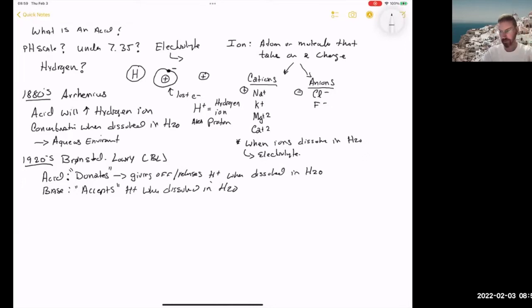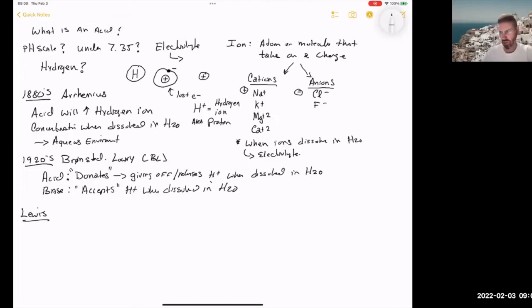Now, there is another definition, from an American chemist by the name of Lewis. It's a very complicated, very complete definition.